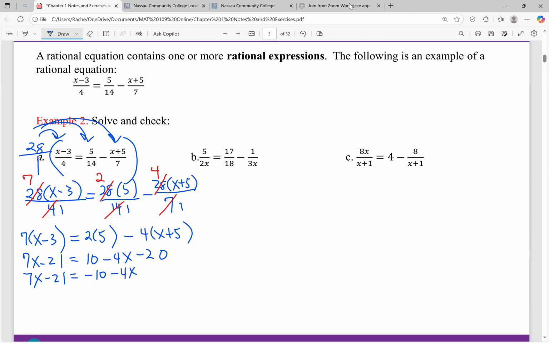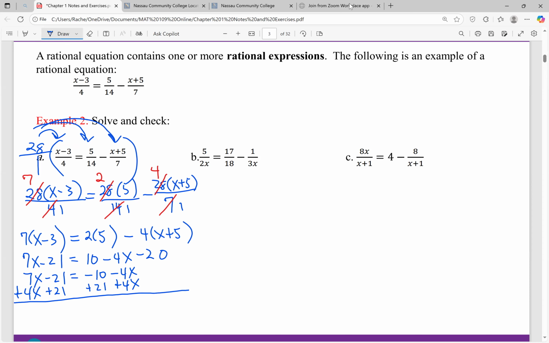I'm going to gather the x terms to the left-hand side and the constants to the right-hand side. So look, I'm going to add 4x to both sides, and then I'm going to add 21 to both sides.